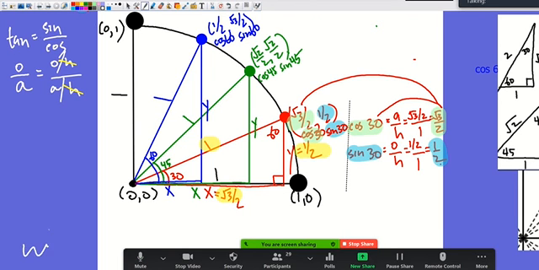Okay. Tangent indeed equals sine over cosine. So if you want to find tangent, for example, let's go back to this red.